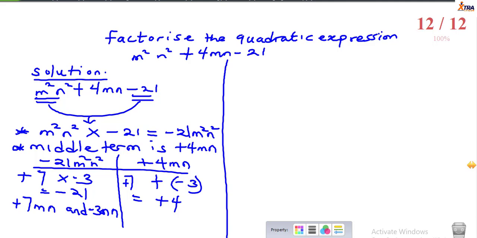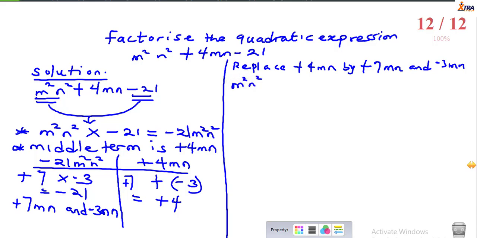So what I was supposed to do in the next line is to replace the middle term, that's plus 4mn, by these two terms we've got, 7mn and minus 3mn. So let's do that. Let's write the expression one more time: m squared n squared plus 4mn minus 21.